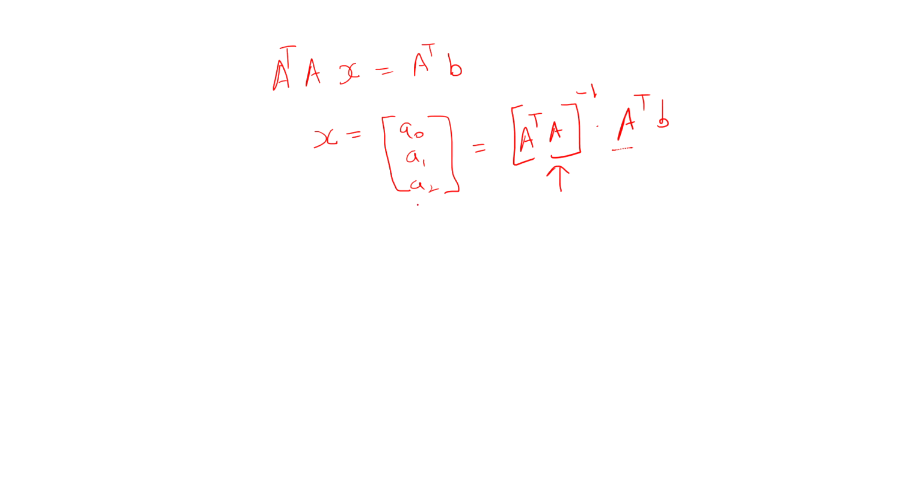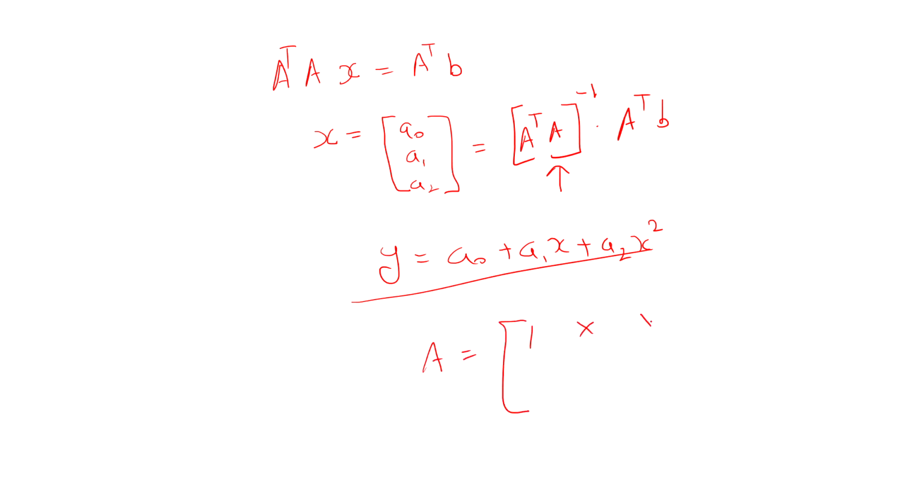Now if I find out the a0, a1 and a2, I have this function y is equal to a0 plus a1x plus a2x square. So this is called linear regression. How we will find the linear regression is, first we will find the matrix A, that is 1 x1 x1 square, 1 x2 x2 square, 1 xn xn square.